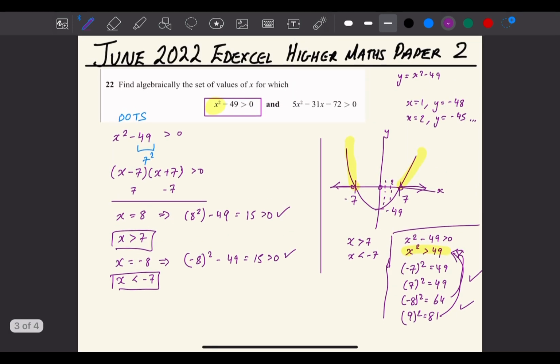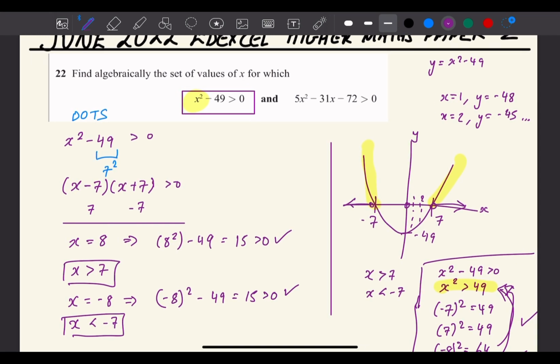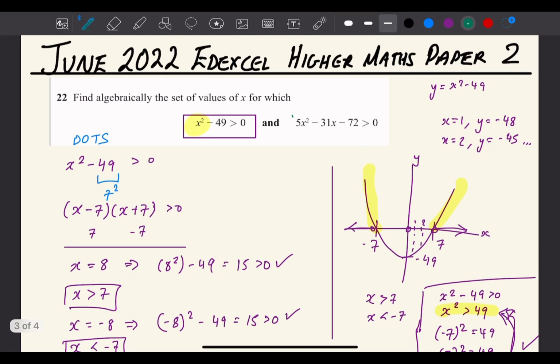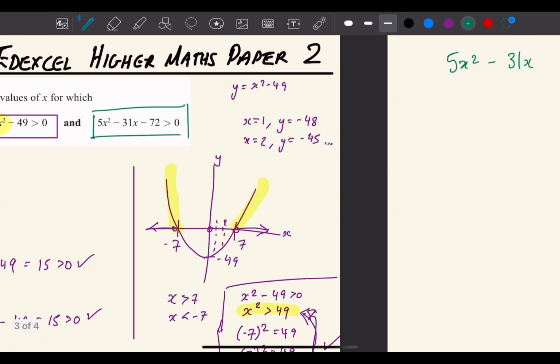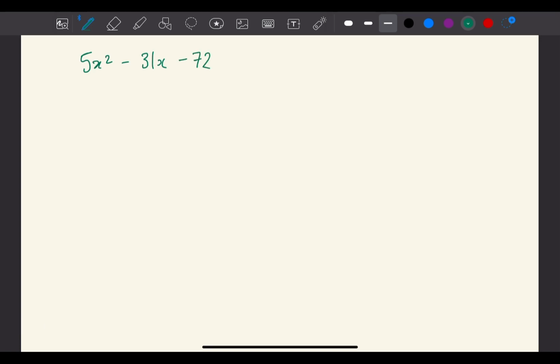The next part of the question is looking at 5x squared minus 31x minus 72 is greater than 0. So we want to find x such that 5x squared minus 31x minus 72 is greater than 0.